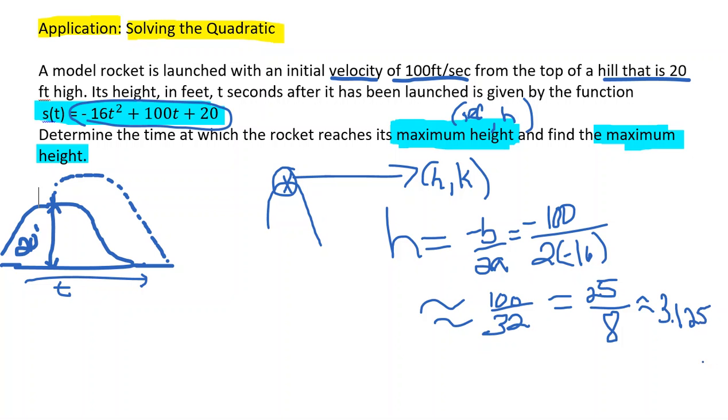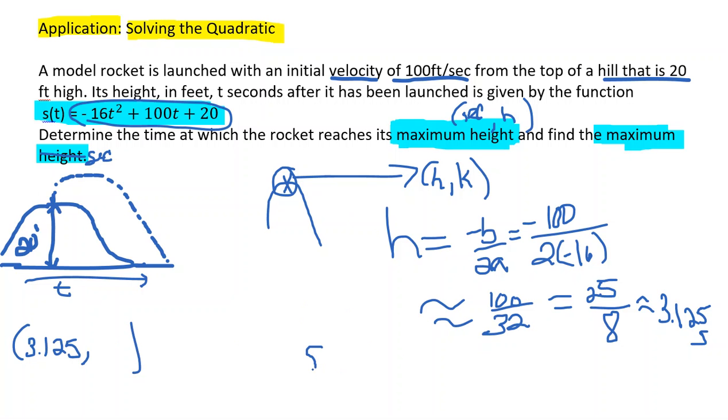It actually went all the way out to that. So this is going to tell me how many seconds it took to reach that maximum height. So over here, like I said, I pulled it from the book. It should be time it took to get there. So far my ordered pair is 3.125. Now let's find what the maximum height is.